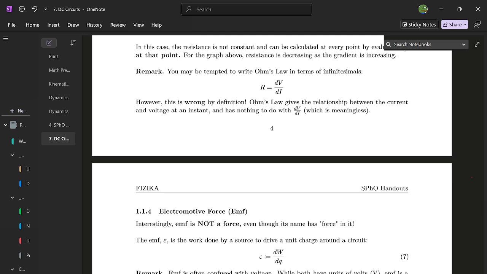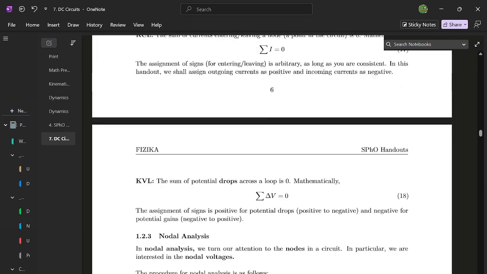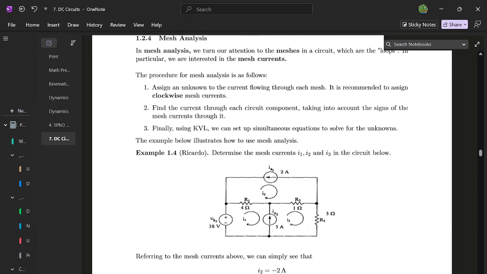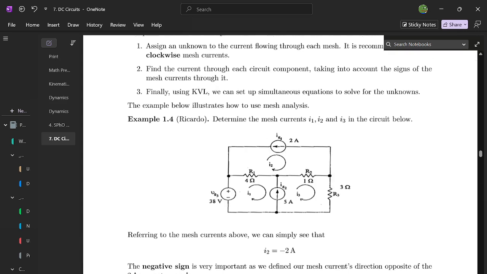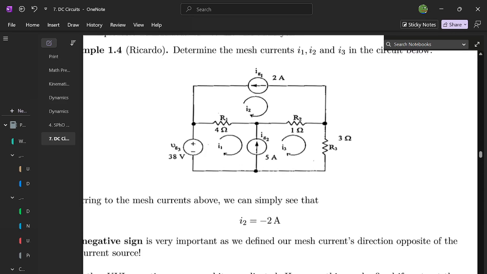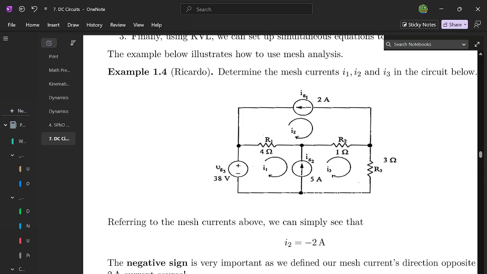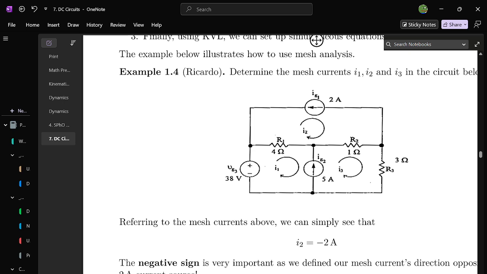Okay, so we were here, mesh analysis. Like what I was saying just now, what you want to do in mesh analysis is find all the currents through each individual circuit component, and once you have that information, you write KVL for everything.